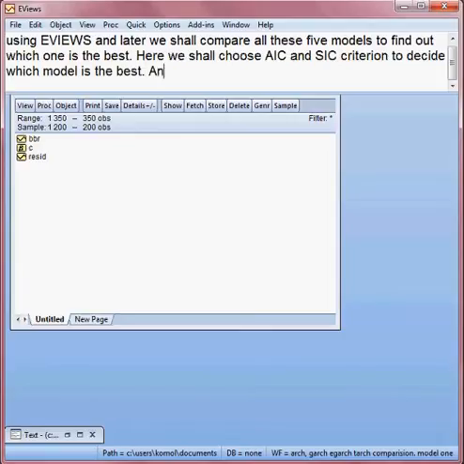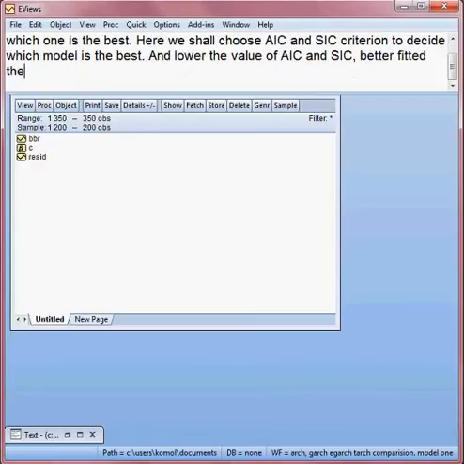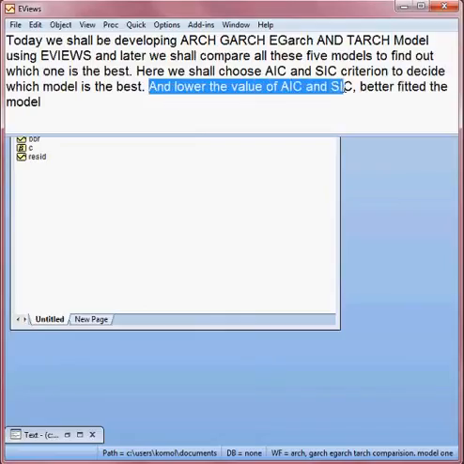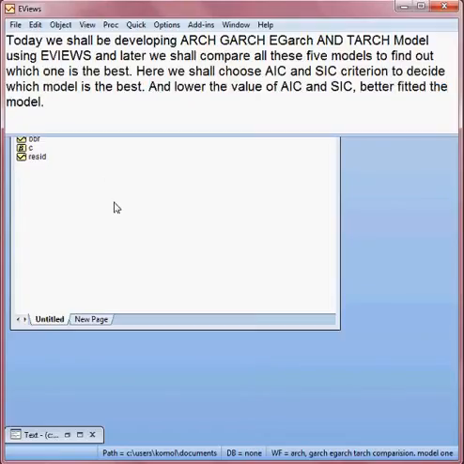The lower the value of AIC and SIC, the better fitted the model. That means the lower the value of AIC, the better the fitted model. So that is the guideline.